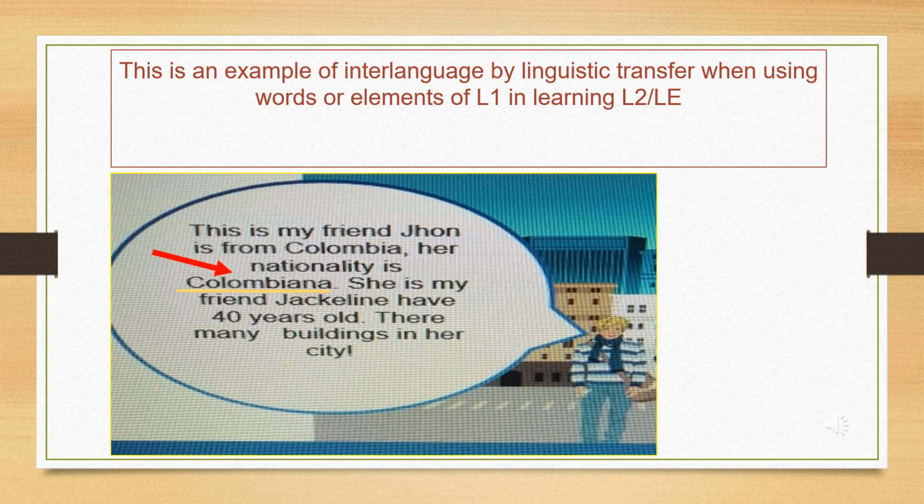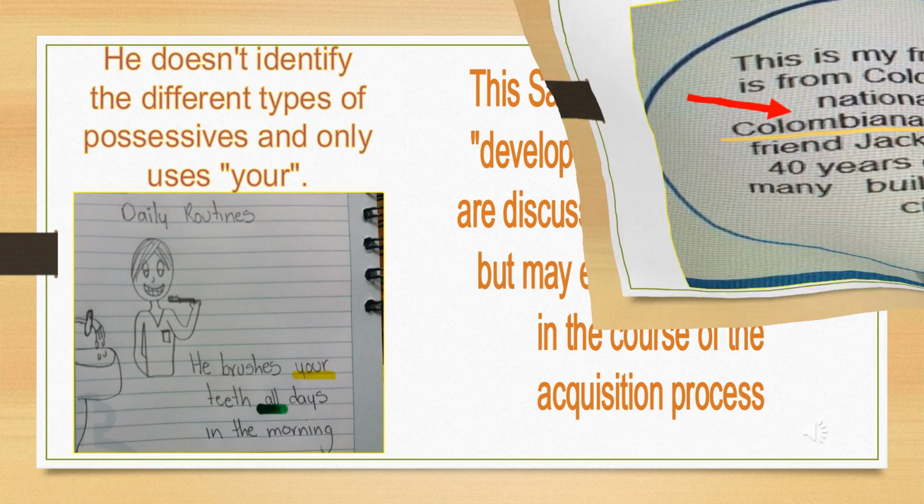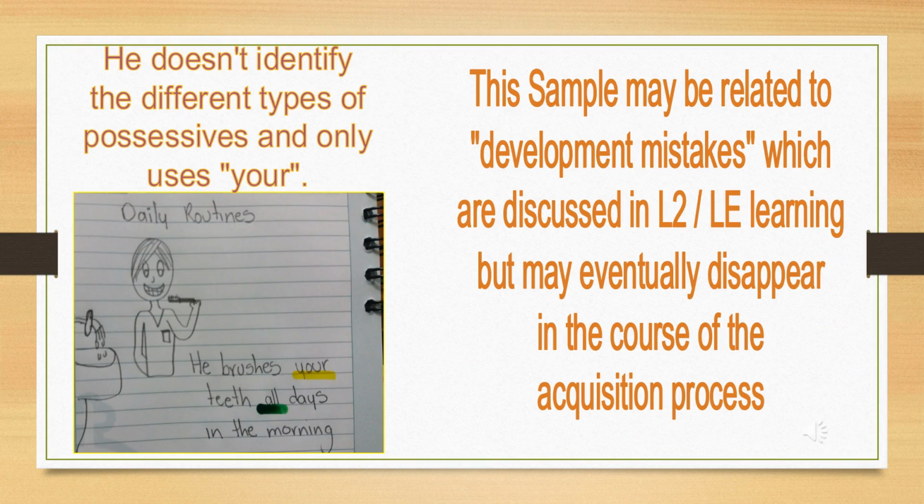Another example. In this slide, we can see that the teacher suggested a writing activity about the daily routines of students. One student wrote, "he brushes your teeth" instead of using "his."